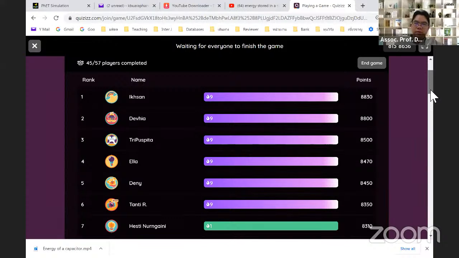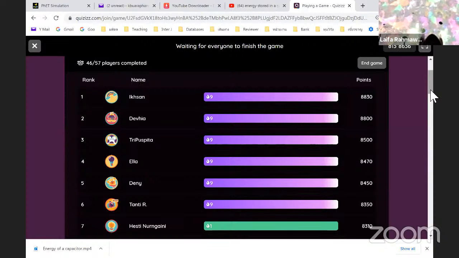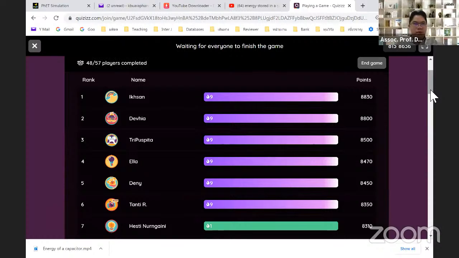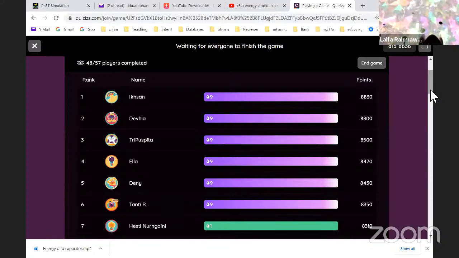Iksan actually had the bonus score from the previous question, so Iksan gets double bonus score. Yes, of course. Tripuspita also gets double bonus.